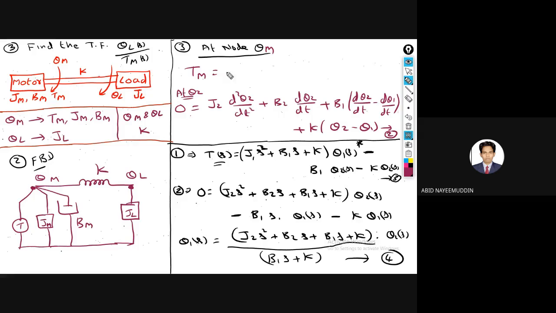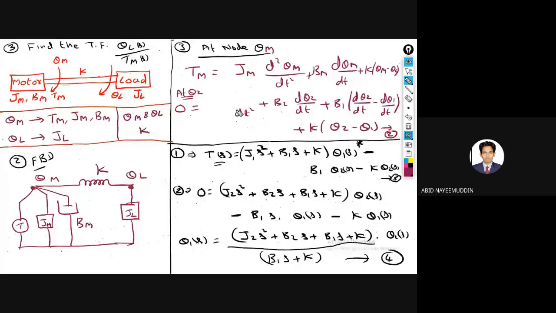Tm is equal to Jm d square theta m by dt square plus Bm d theta m by dt plus K into theta m minus theta l, common element.